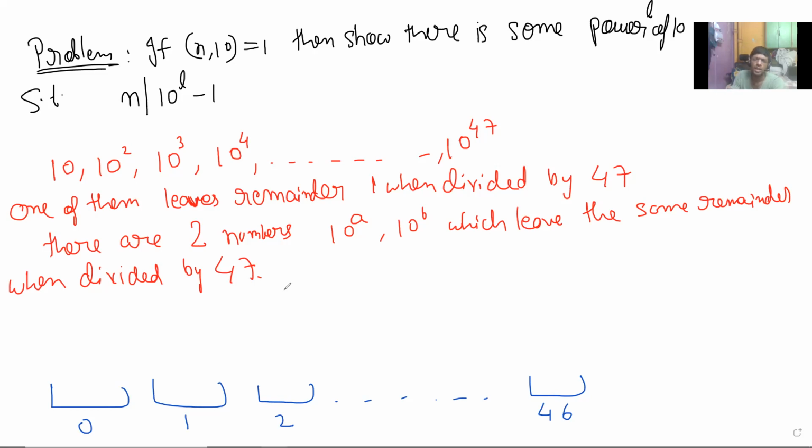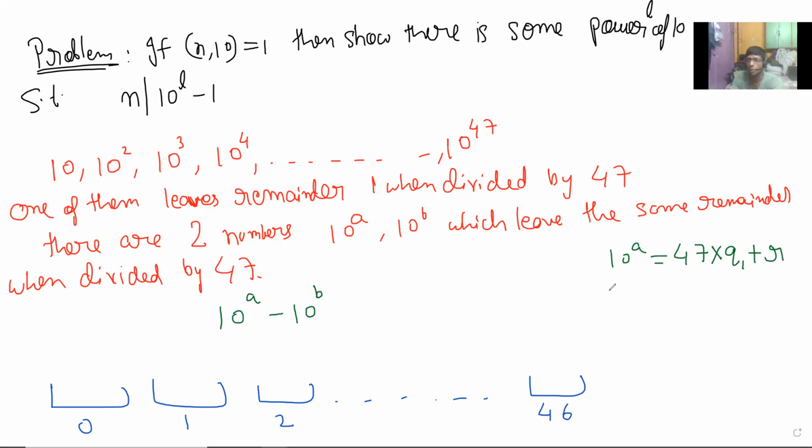So what could we say about the difference between those two numbers? You see 10 to the power a, when divided by 47, leaves some remainder, we don't know what remainder. That's the point of Pigeonhole principle.